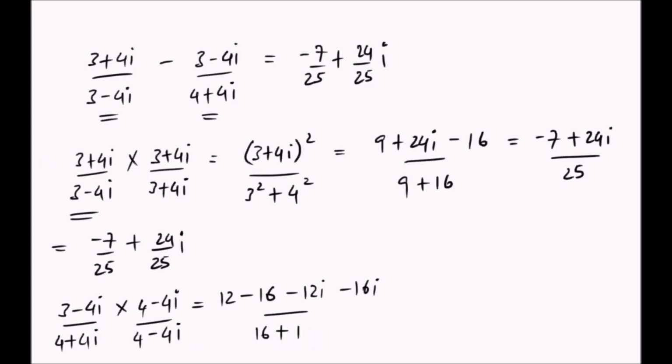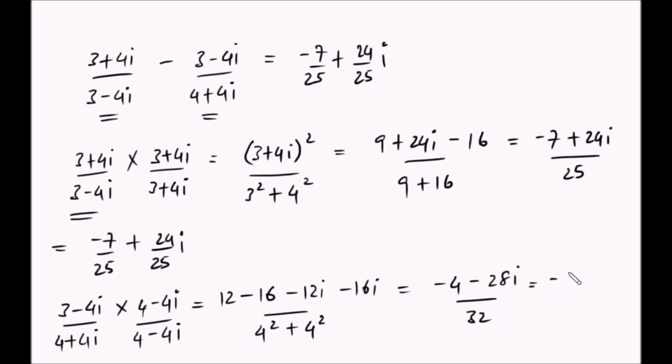So 12 minus 16 is equal to negative 4. Negative 12i minus 16i is equal to negative 28i. Over 16 plus 16, which is 32.